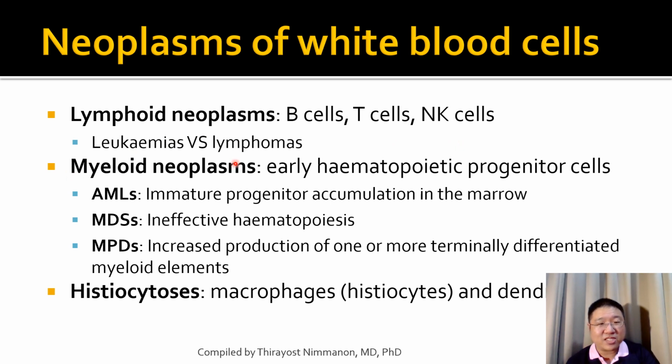Myeloid neoplasms can be classified into, just like, the most benign one is myeloproliferative disorders, chronic myeloproliferative disorders. So in these diseases, there is increased production of one or more terminally differentiated myeloid elements.